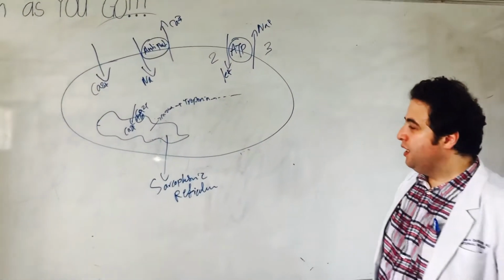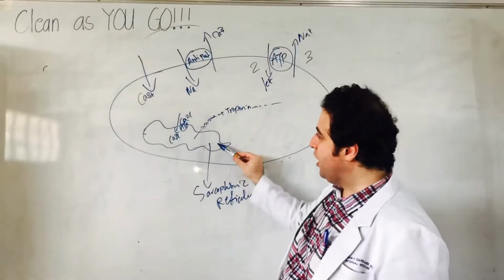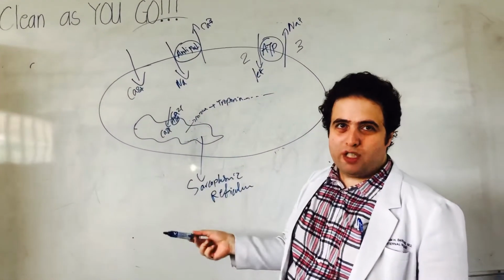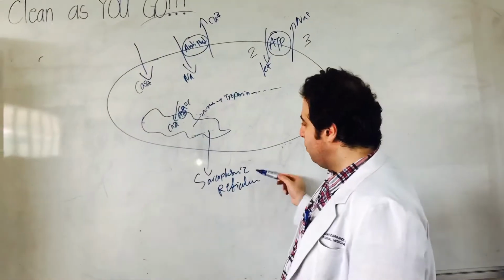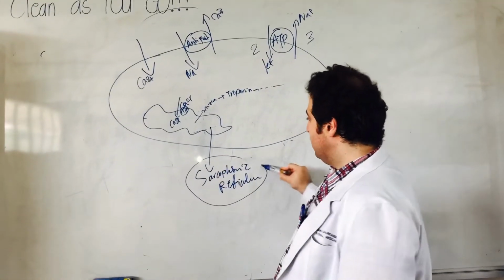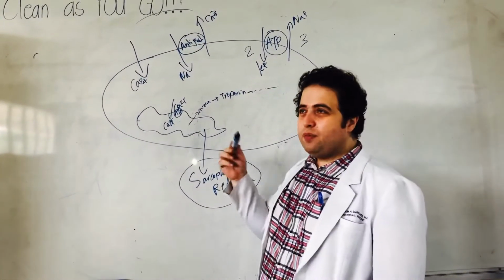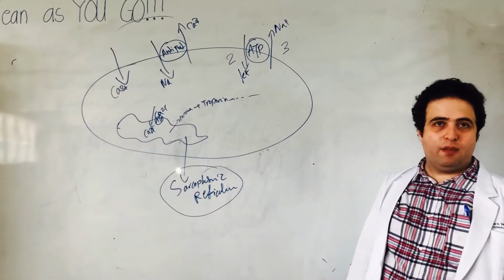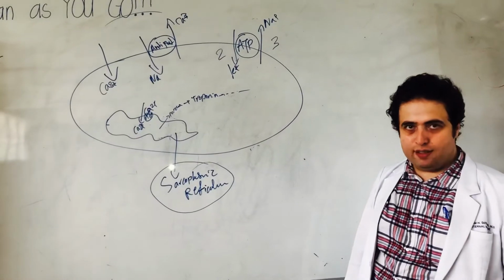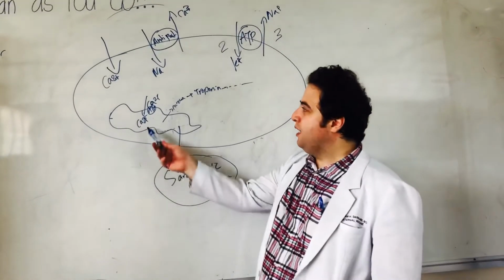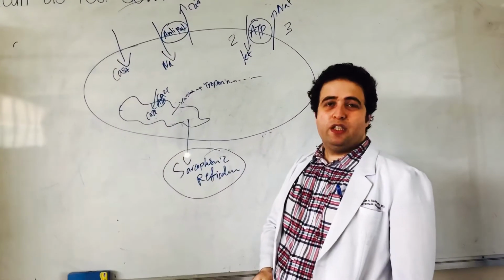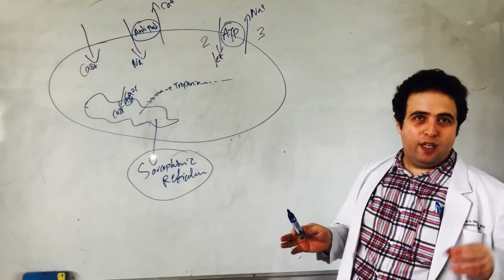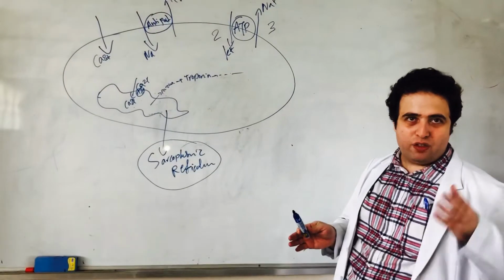Okay? And also we are seeing the sarcoplasmic reticulum, which is known as the smooth endoplasmic reticulum. The sarcoplasmic reticulum is the storage of calcium in the skeletal muscle and cardiac muscle cell. So calcium should be in the sarcoplasmic reticulum, because calcium is dangerous to the cell, because calcium is an enzyme activator.